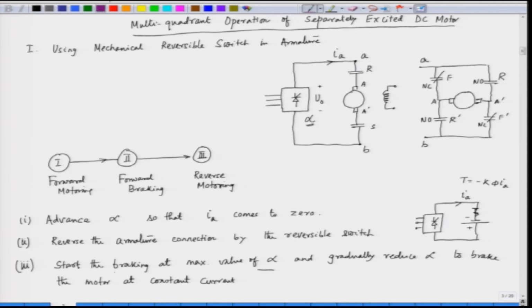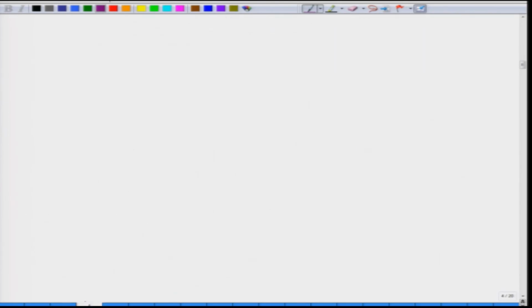So, this is basically the braking, but what we have to do here, we have to control alpha to brake at constant current. So, the torque is negative. So, we are in the braking mode. So, IA is controlled to brake at maximum possible torque, and then gradually the speed is reversed.